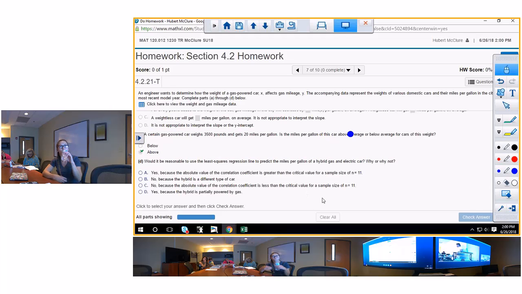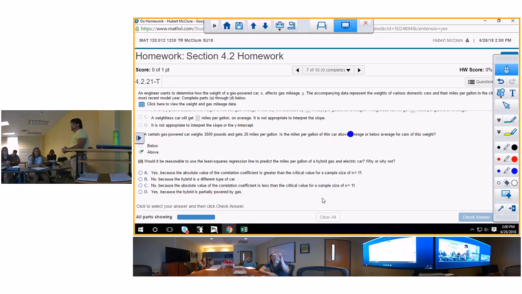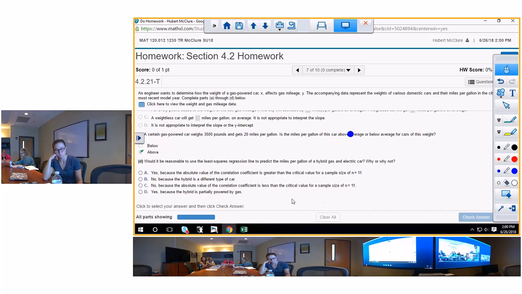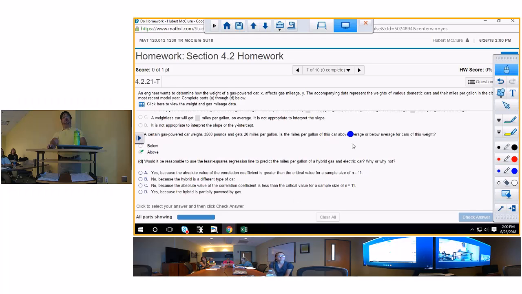Can I compare apples and oranges and get orange? What would y'all say to this one? I don't think you should use a gas-powered car to predict anything to do with a hybrid gas and electric car.